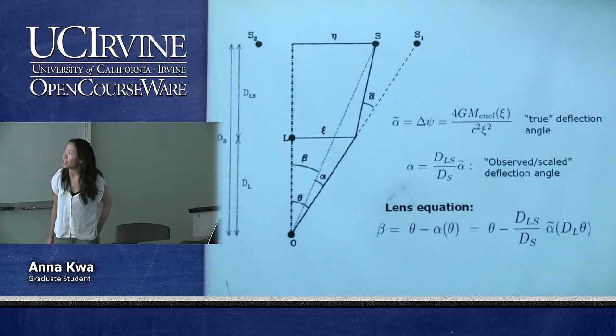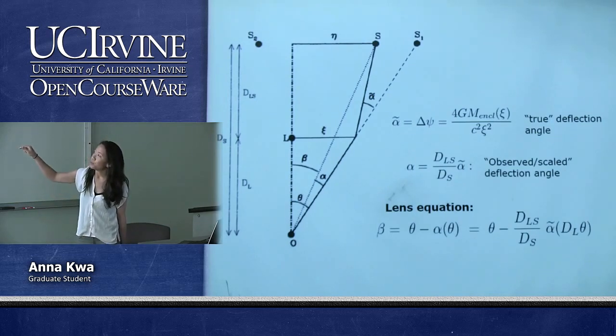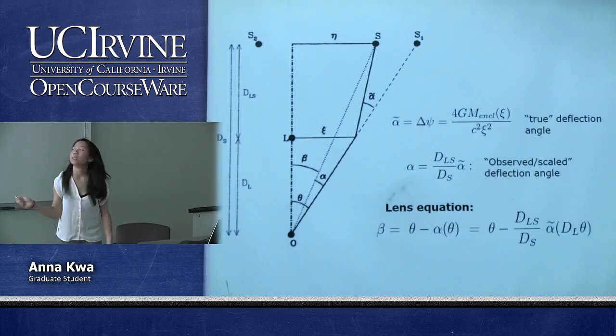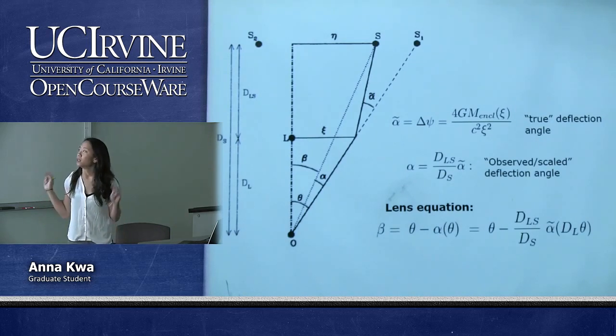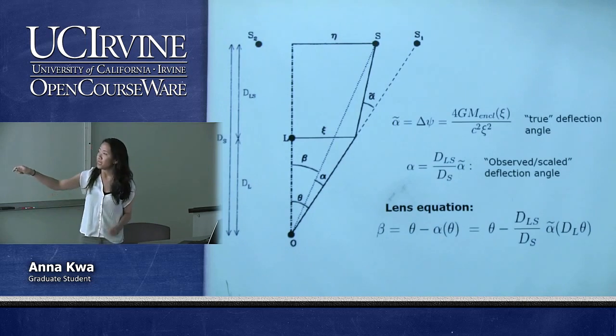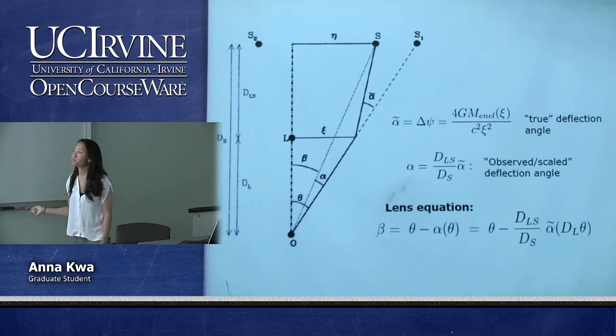So this is just basic geometry, more math that an undergraduate can do. So just labels: alpha tilde is the quote-unquote true deflection angle from the first slide that I showed. Plain alpha is the observed or scaled deflection angle. That is the angle between the actual source position and where you observe this image S1.